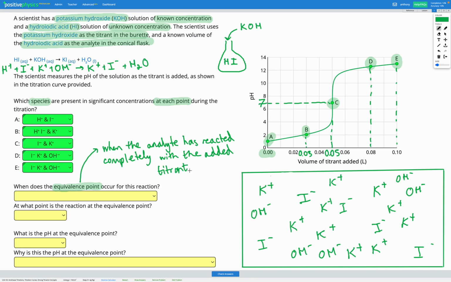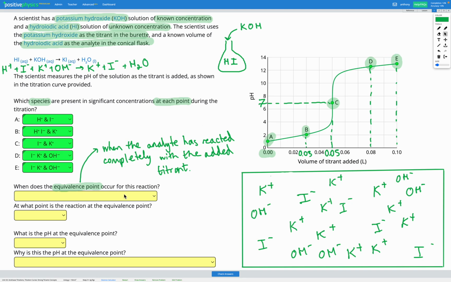And remember, the titrant is the thing that's in the burette that we're adding to our conical flask. So the way we tell when the equivalence point has occurred is by using our pH change. Here, because we had a strong acid and a strong base, the pH is 7 at the equivalence point.